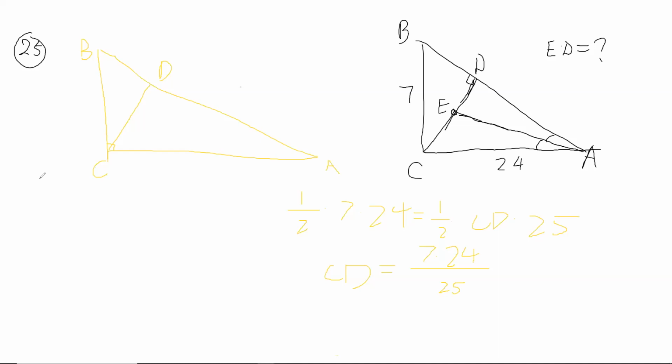Okay. So from here we can use the Pythagorean theorem on triangle BCD to find that BD equals 7 squared over 25.